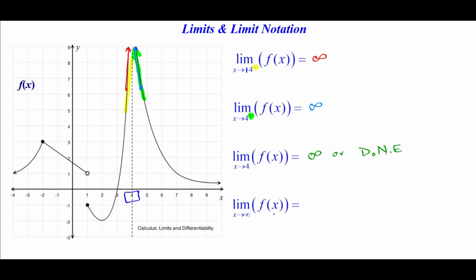This last example here is the limit as x approaches infinity. So when you have infinity in your x value, this means what happens as I go to the right forever. So in this case, what I'm looking at is if I continue this part of the graph forever, what's going to happen? So remember, anytime you're given a graph, you can assume that you were given all important parts of that graph.